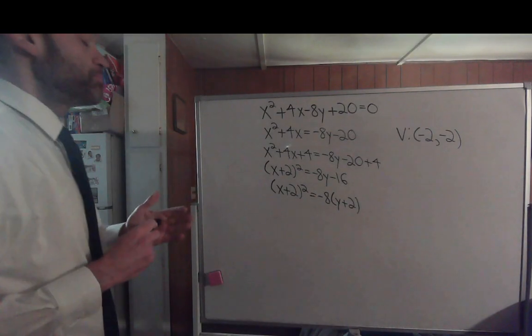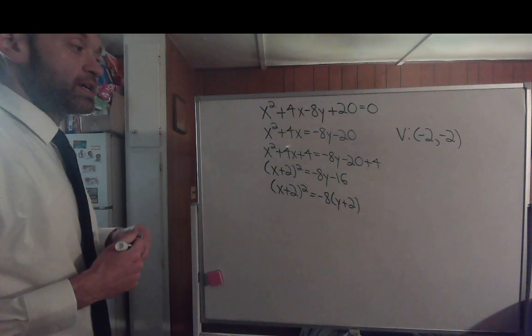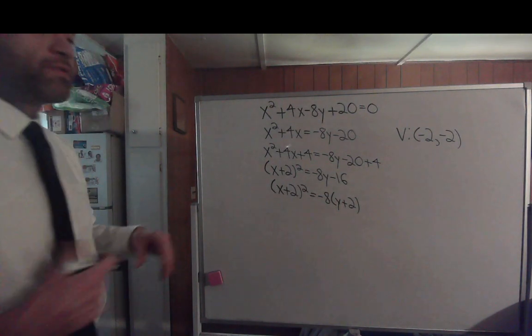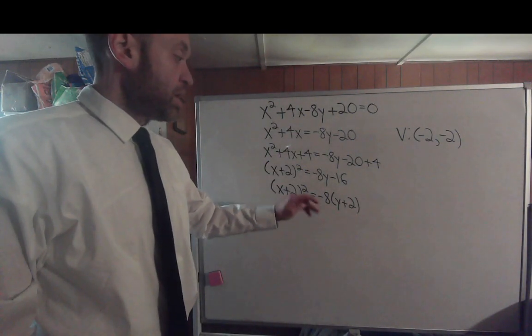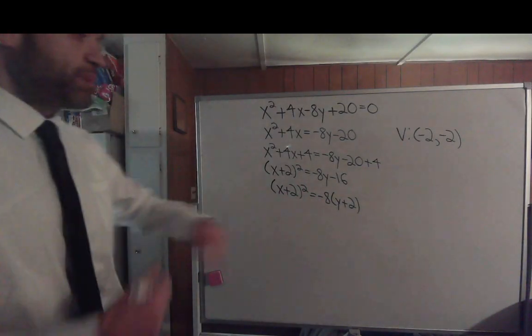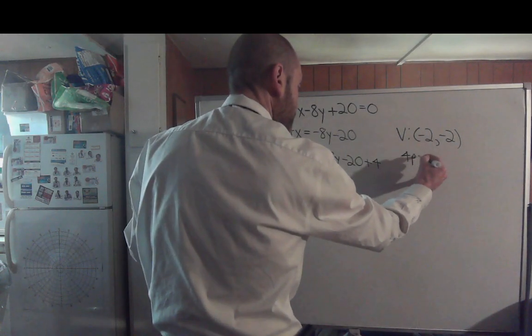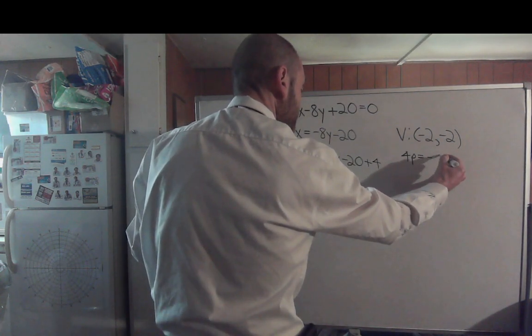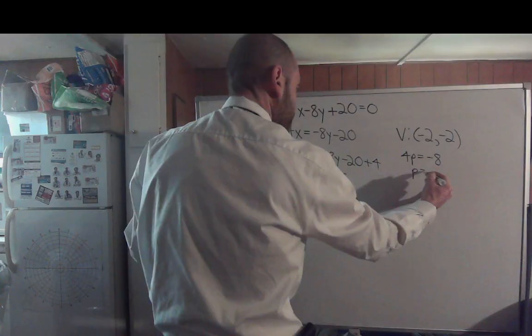Okay, so we should probably now find the focus. Well, the focus is always based on 4p equals that negative 8. So 4p equals that negative 8. So p would equal negative 2.